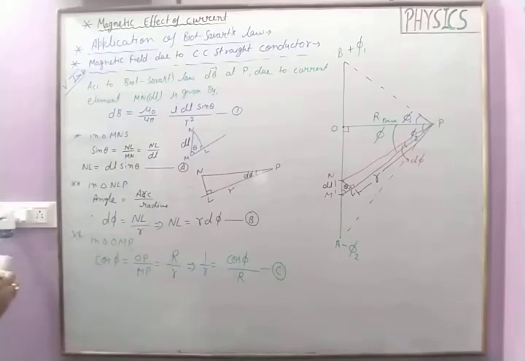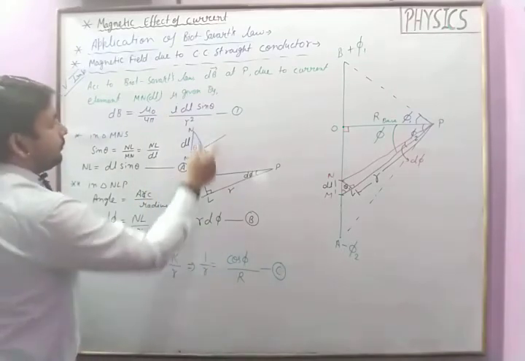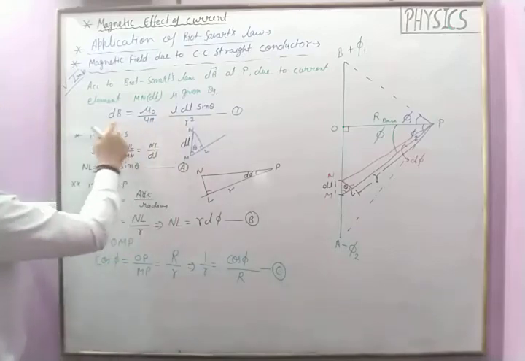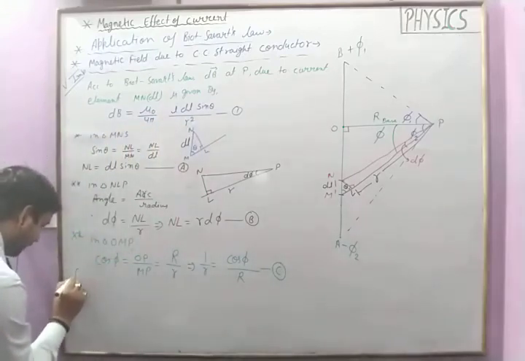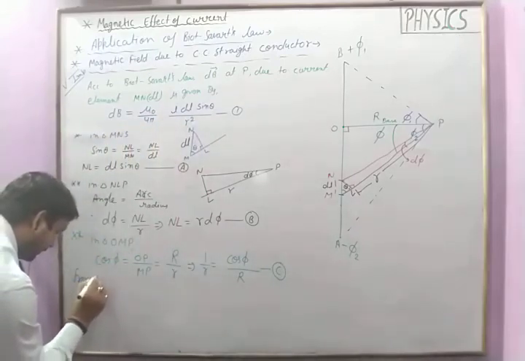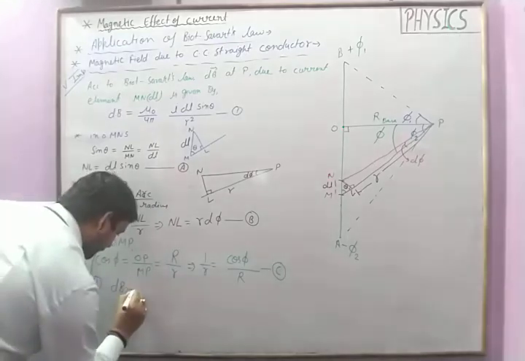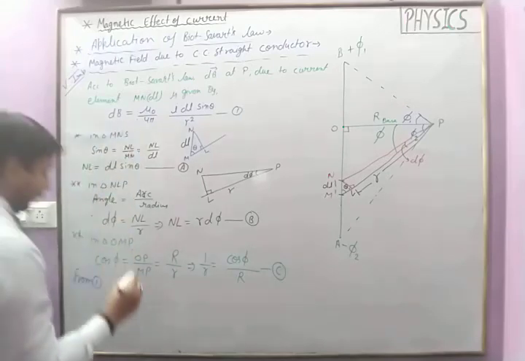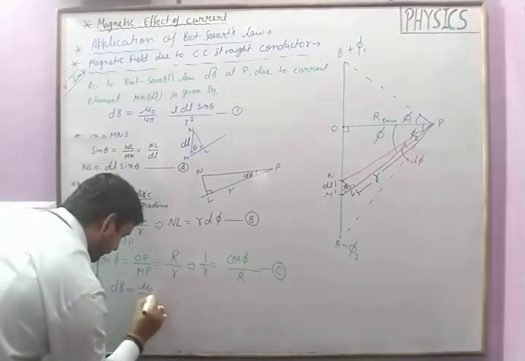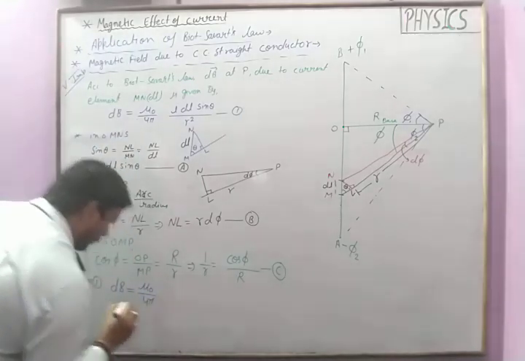Okay, now on putting values in B from equation first, dB is equal to mu naught upon 4 pi.